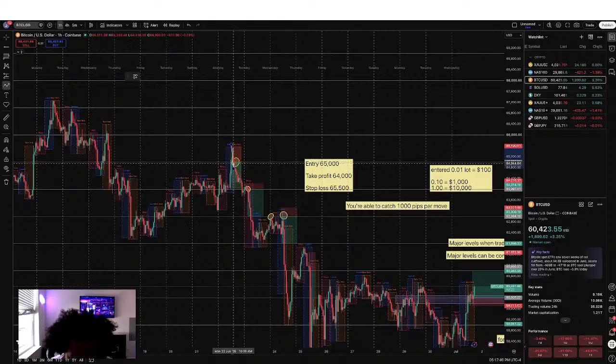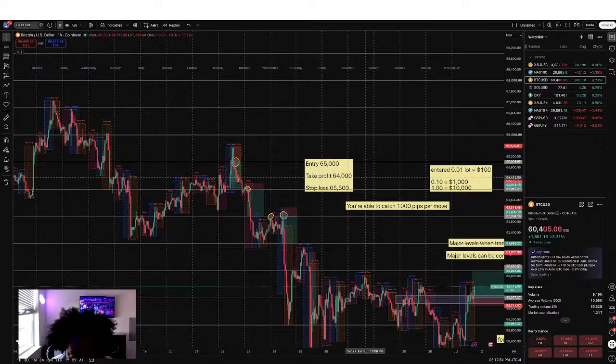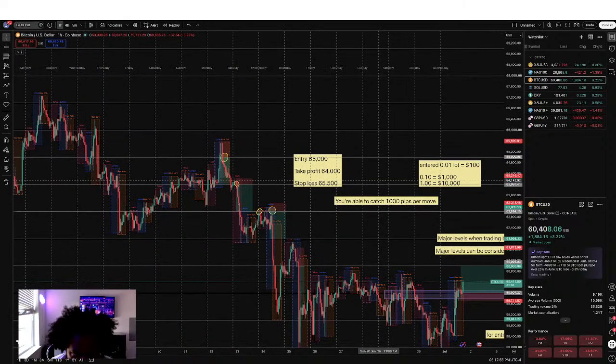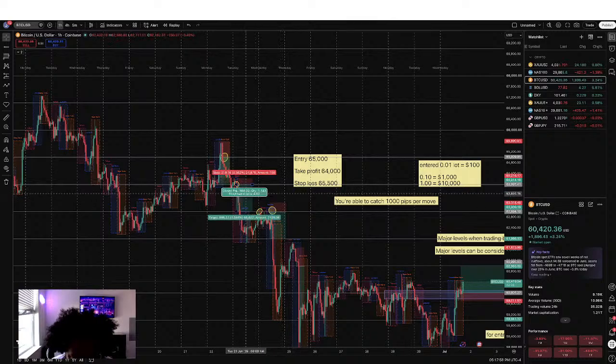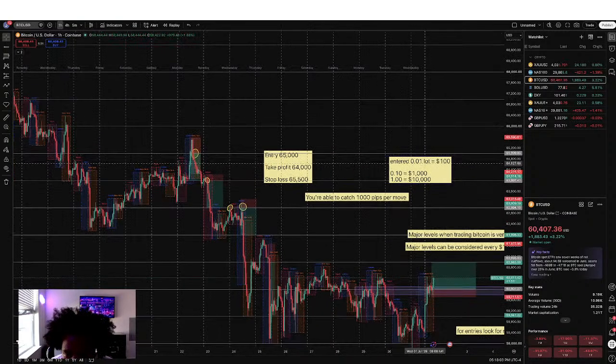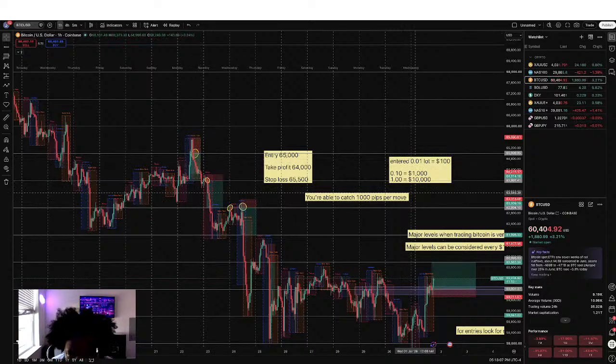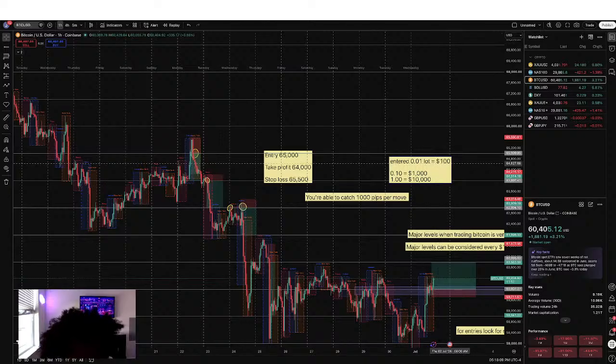So at one point this candle was green, it rejected and wicked the level, sold and went down to the next level. That would have been a 1,000 pip move. Now you're able to trade from level to level utilizing 0.01. So this move from right here, if you would use a 0.01, is $100.